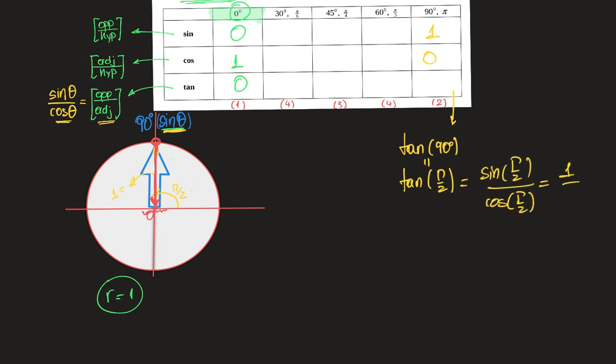The cosine of pi over 2 is equal to 0. And here we have an issue. The issue with this one is that we have a fraction over 0, and that means that it is undefined. Therefore, the tangent of 90 degrees does not really exist, it's undefined.